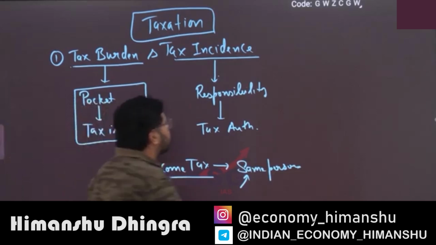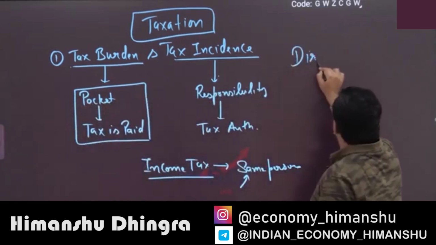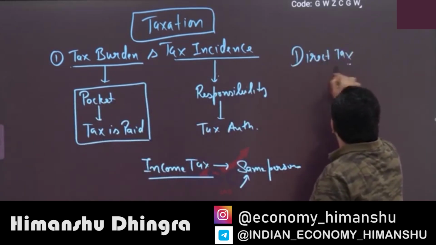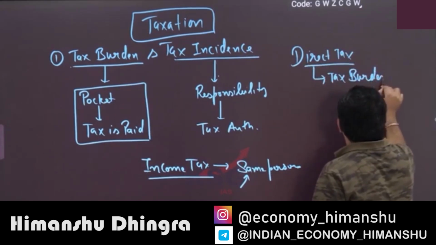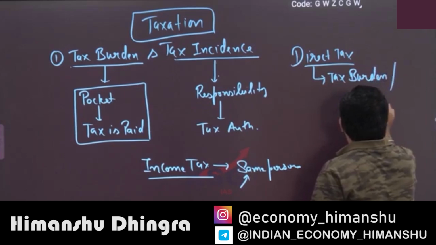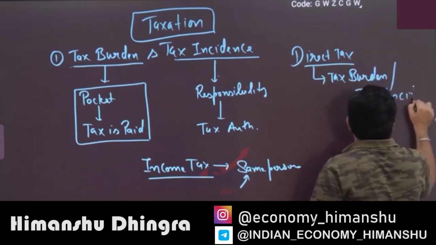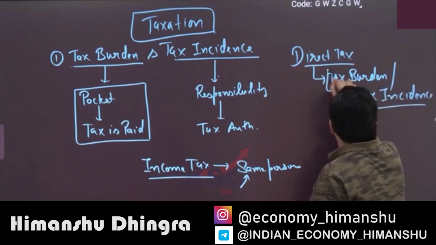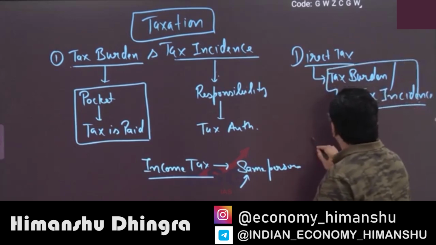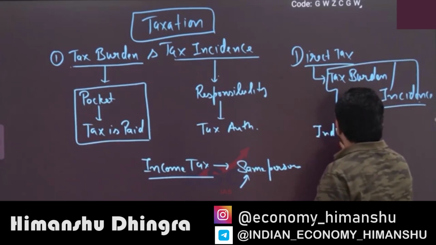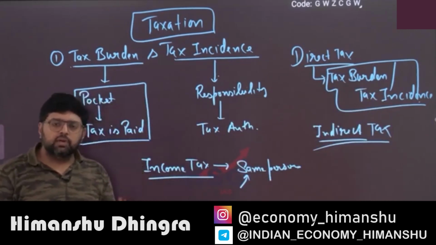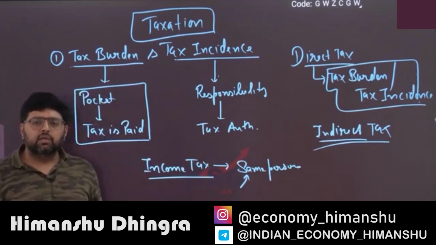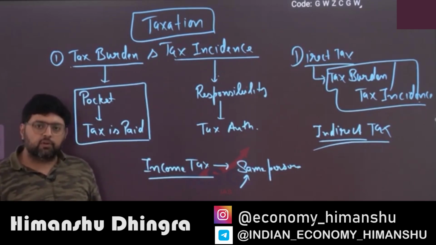So in the case of direct tax, tax burden and tax incidence is on the same person. Whereas in the case of indirect tax, tax burden and incidence is on different persons. So दोबारा बोल रहा हूँ, tax burden का मतलब the one who is paying tax from his pocket.